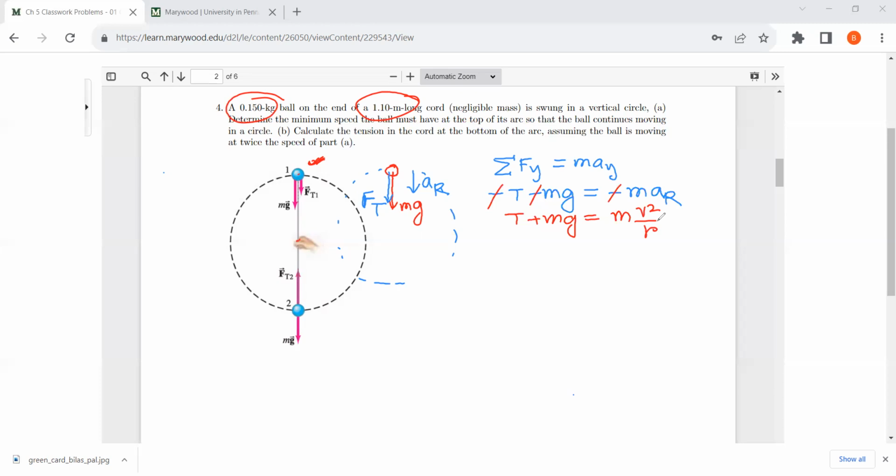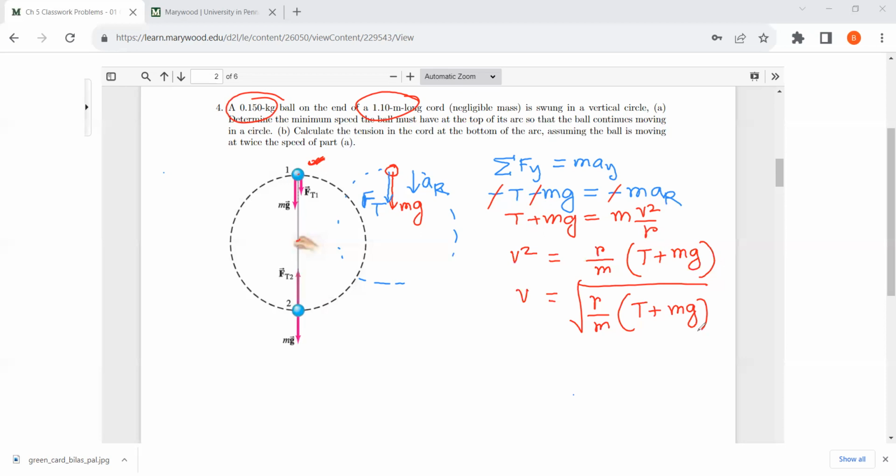Okay, now we have to calculate v, right? So let me solve it for v square first. So v square will be this equation. Okay, so v will be this equation, right?